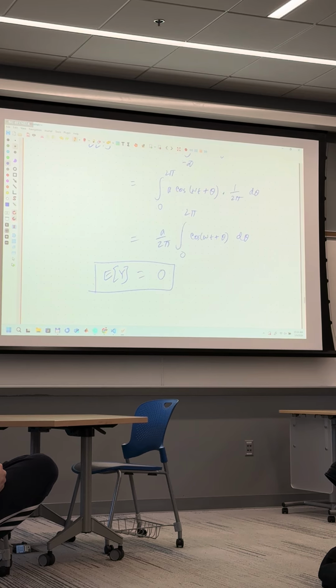And the energy of the signal, or signal power, is basically the second moment of y, E of y squared, which is integration from 0 to 2 pi, because everything else is 0, of y squared and then f theta d theta.